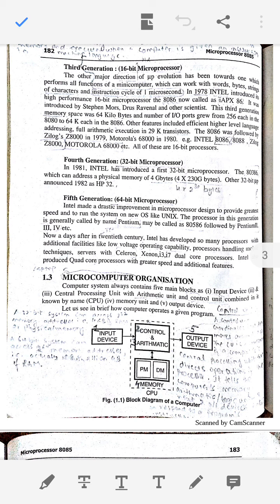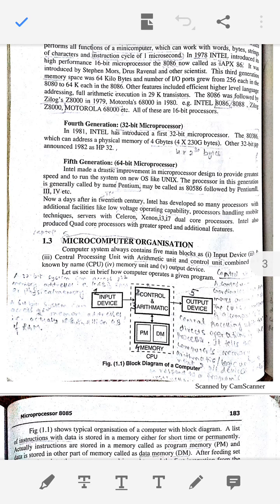The processors in this generation are generally called by the name Pentium, Pentium 1, Pentium 2, Pentium 3, Pentium 4, etc. Nowadays, Intel has developed many processors with additional facilities like low voltage operating capability, processor handling mobile techniques.